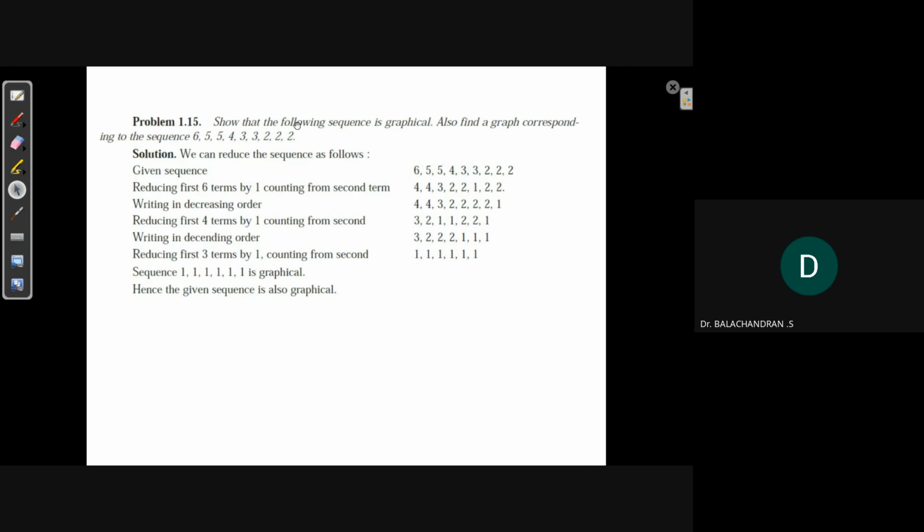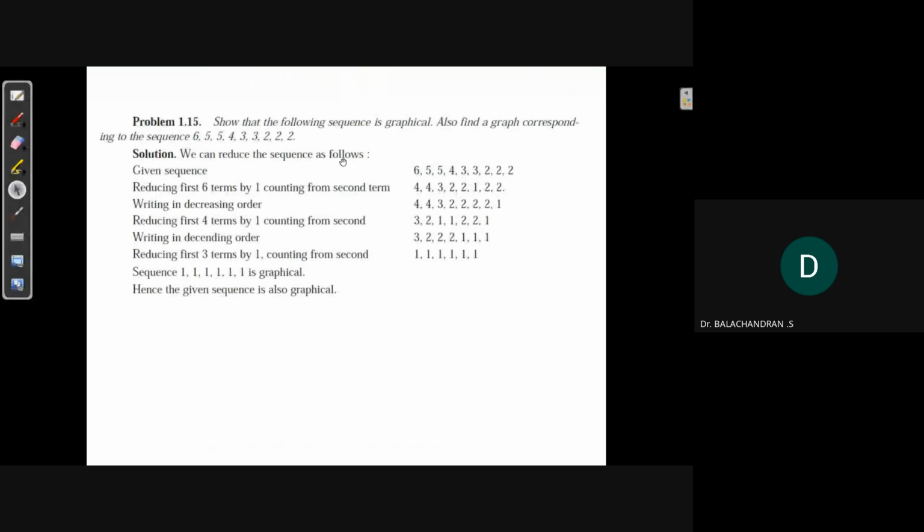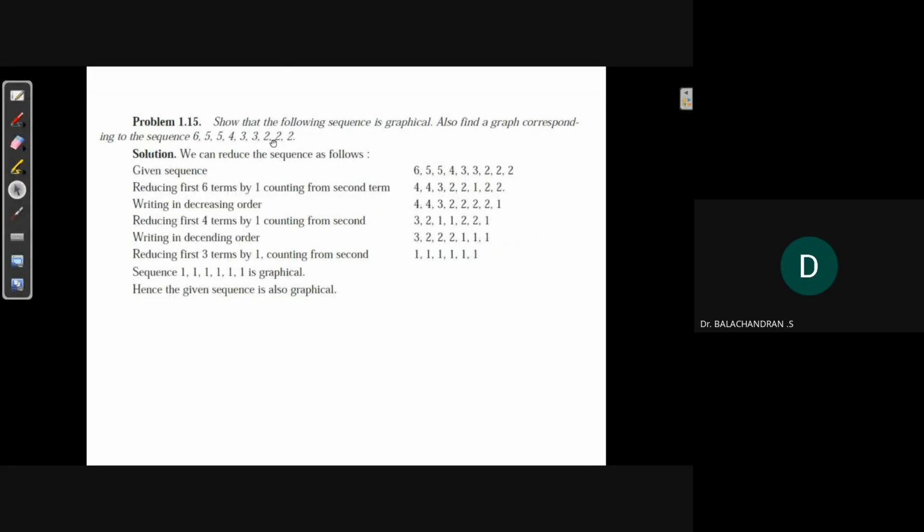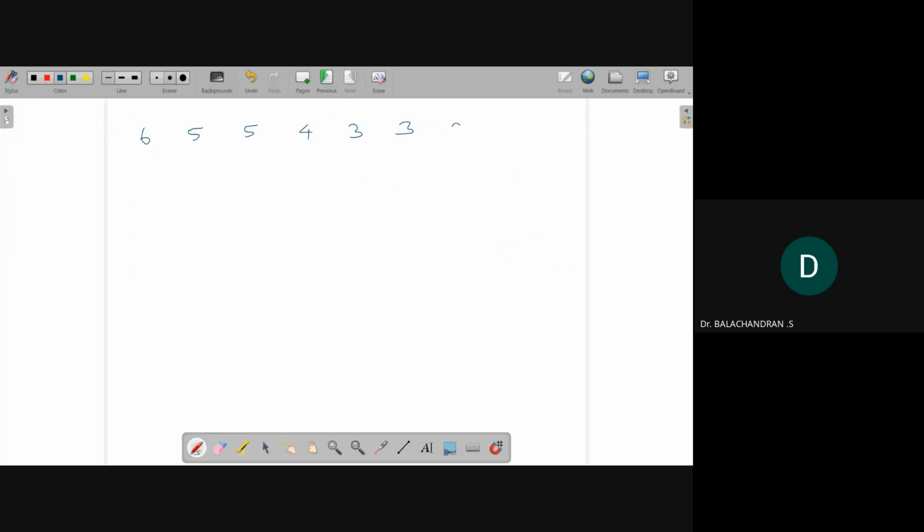The next problem: show that the following sequence is graphical. Also find the graph corresponding to the sequence. The degree sequence is 6, 5, 5, 4, 3, 3, 2, 2, 2.